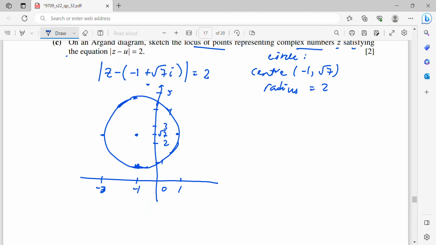Right, so let's say this is my circle, so the equation will be this, right? So this is the real axis, and the vertical will be the imaginary axis. Okay, so done this part.